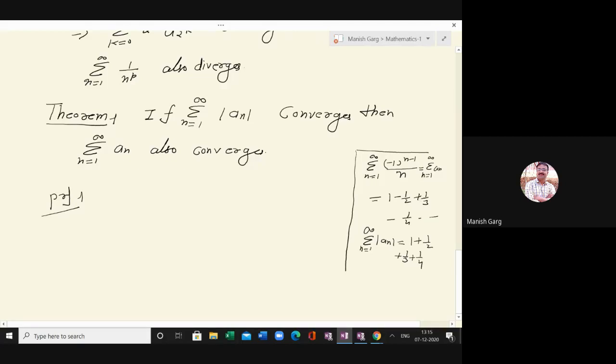This theorem says if you take all the positive terms, like 1 plus half plus 1 by 3 plus 1 by 4, and check this series, if this series mod an converges, then you can say the original series, series n is equal to 1 to infinity an, also converges. About divergence, you can say nothing.